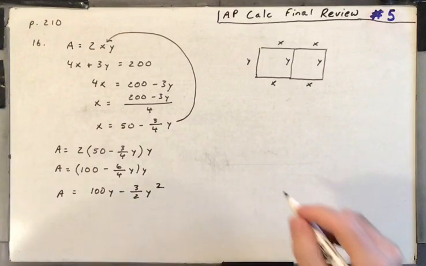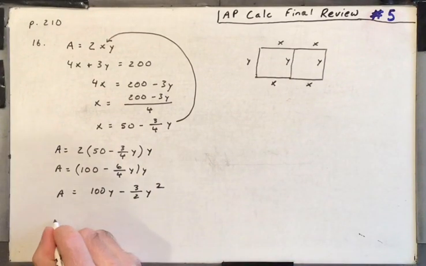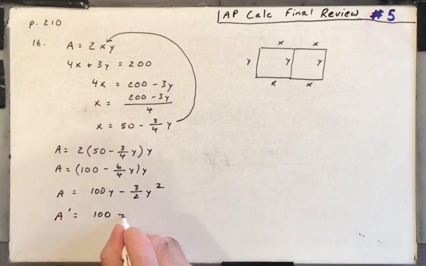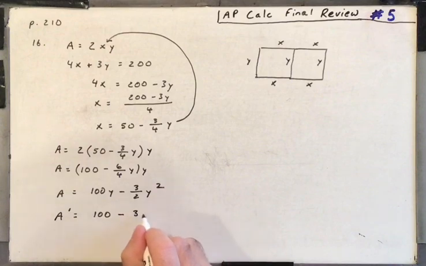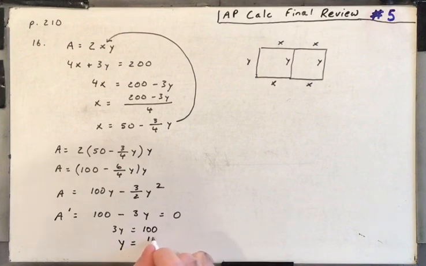Now in order to get a maximum, we know we're going to have to take a derivative. So I'll do that down here. A prime would be 100 minus 3y, and we're going to set that equal to 0. Alright, so 3y is equal to 100. y is equal to 100 over 3.